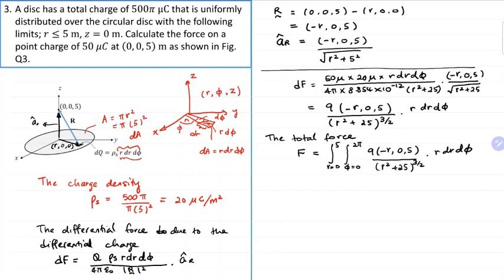Okay, let me re-explain that. If I have a point here that gives rise to a force in that direction, then I'll have a charge in the opposite direction on the disk that gives rise to another force in the opposite direction to counter out that force.